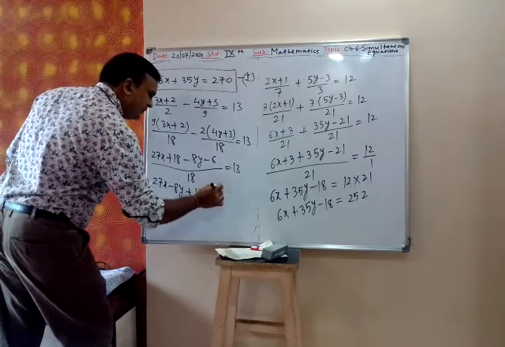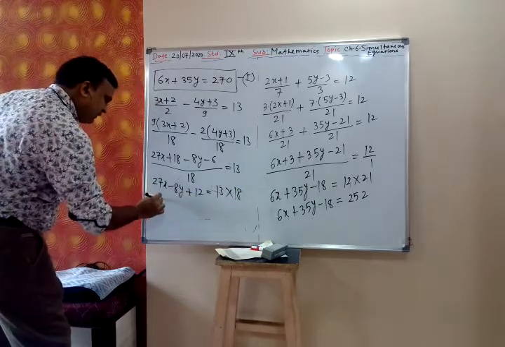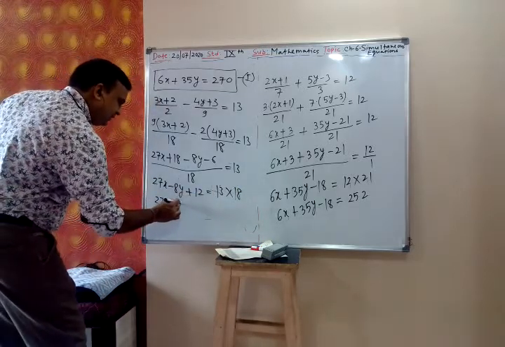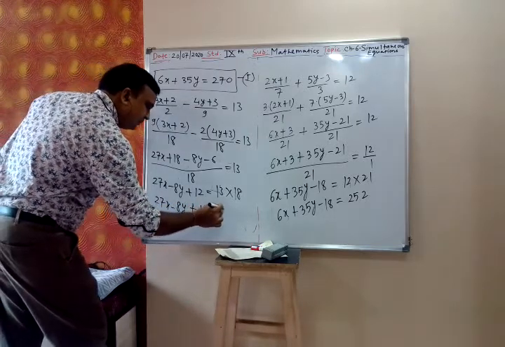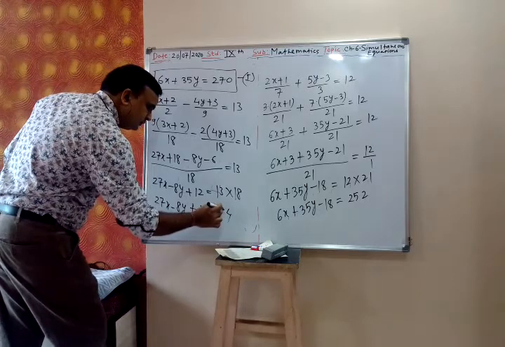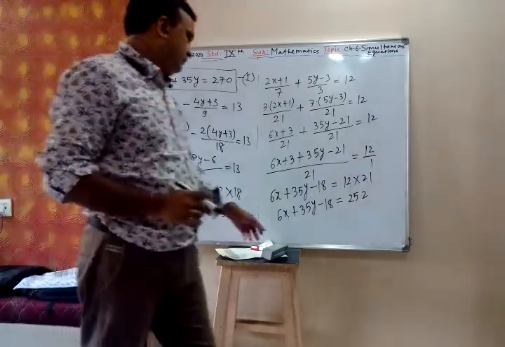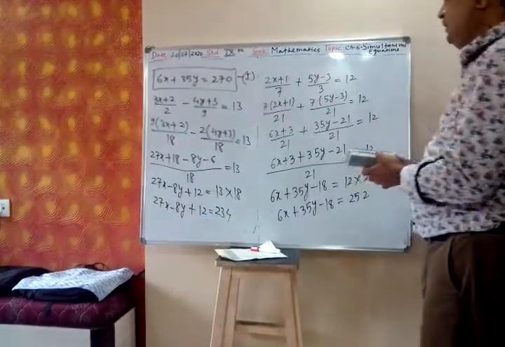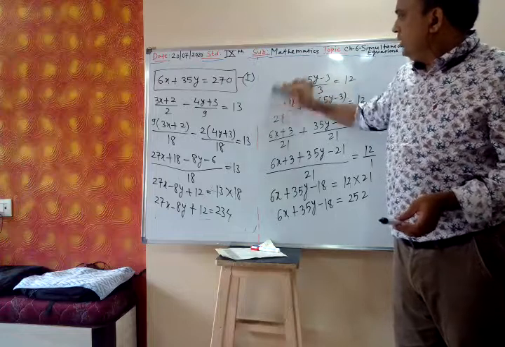Cross multiply 13 into 18. So 27x minus 8y plus 12 is equal to 234. Now take 12 on the other side.